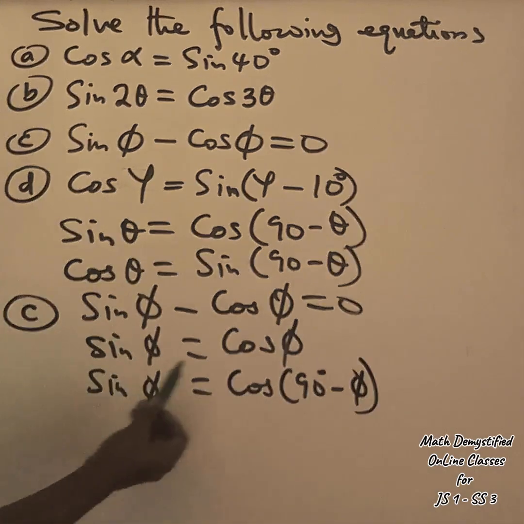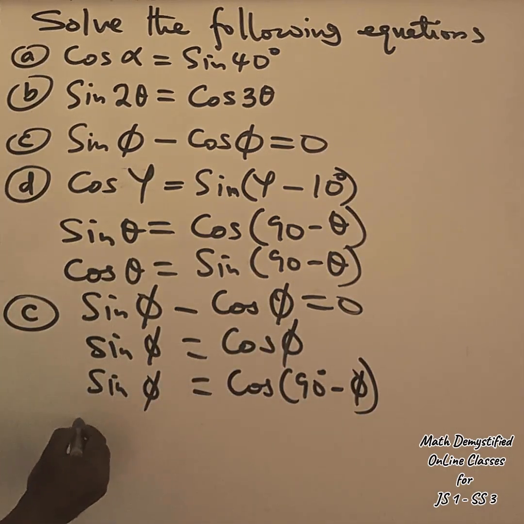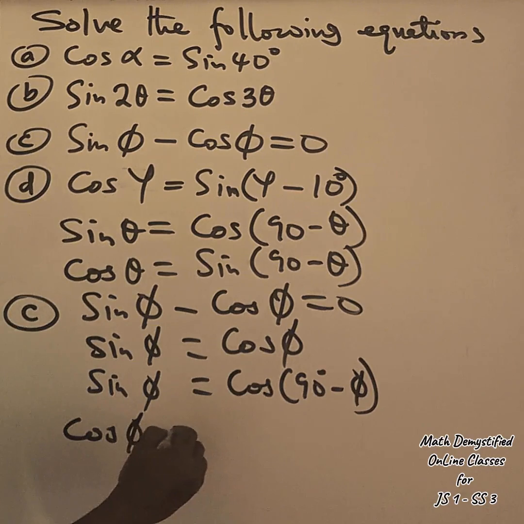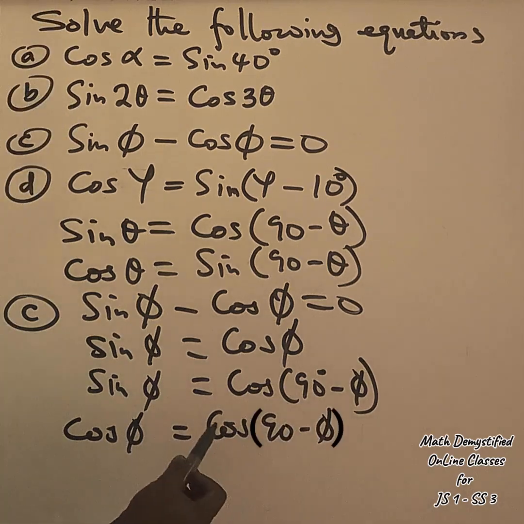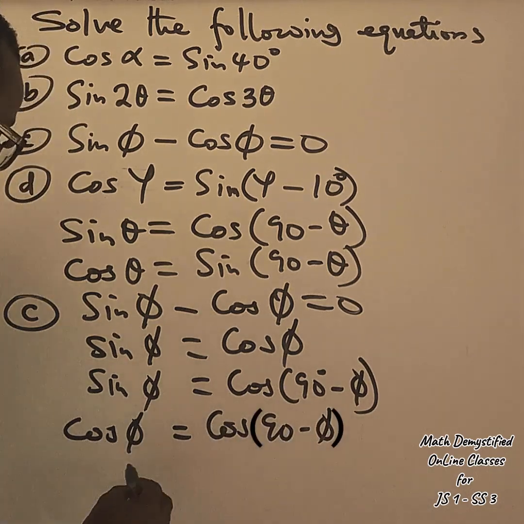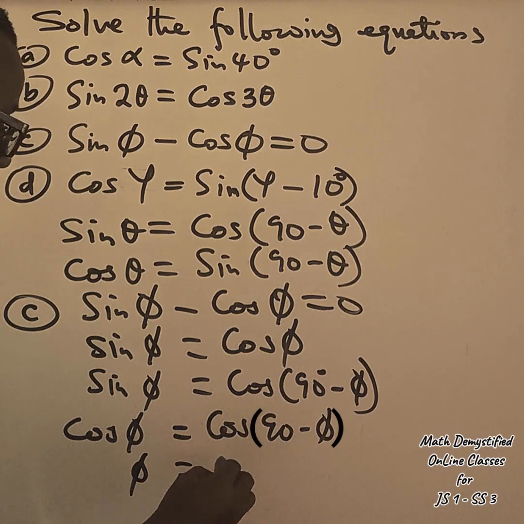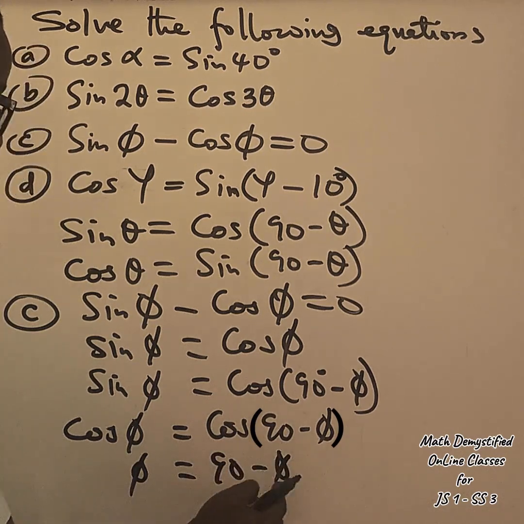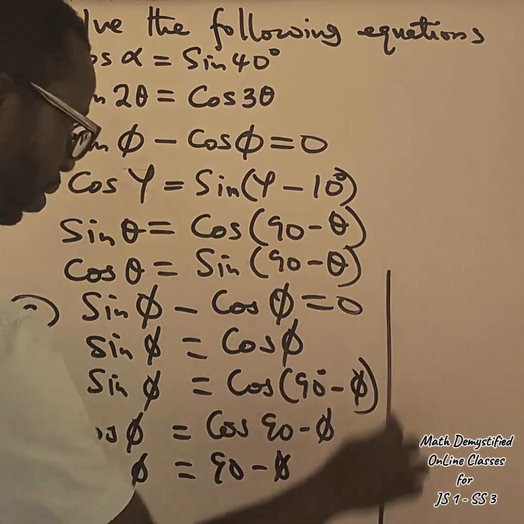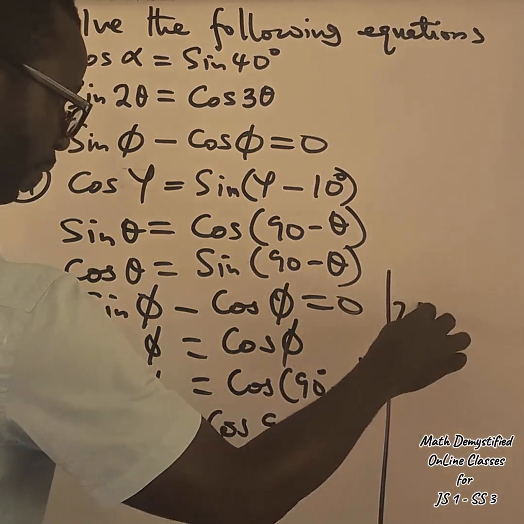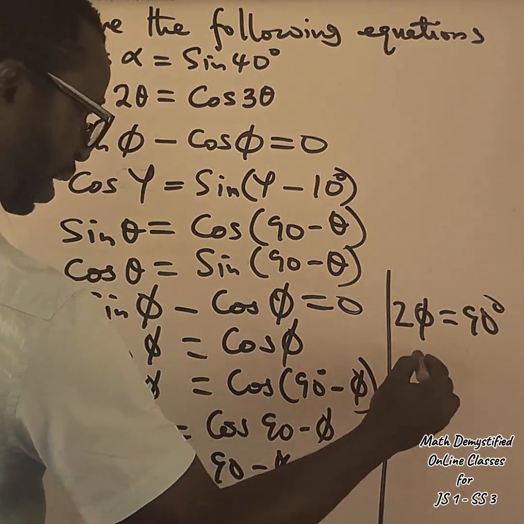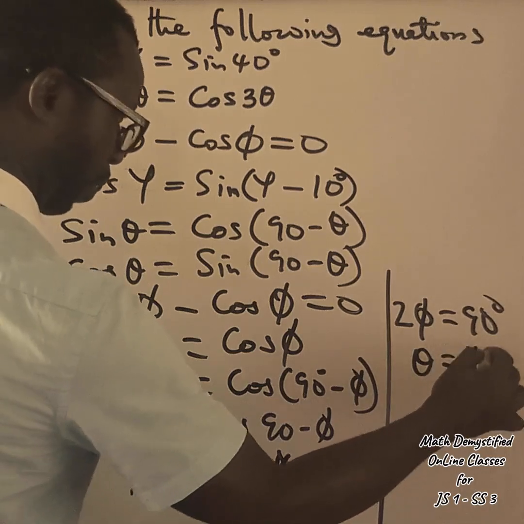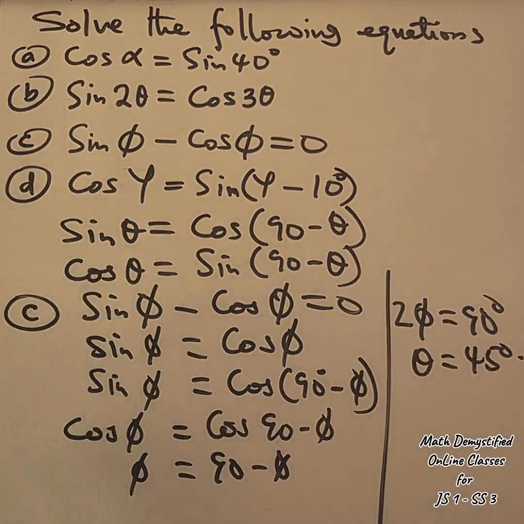Okay, so these are the same. Equate this, and that gives you cos phi equals cos 90 minus phi. You know what to do next? So equate this, and that gives me phi equal to 90 minus phi. When this comes here, I'm going to have 2 phi equals 90 degrees, and when I divide both sides by 2, my answer is going to be 45 degrees, and that is it.